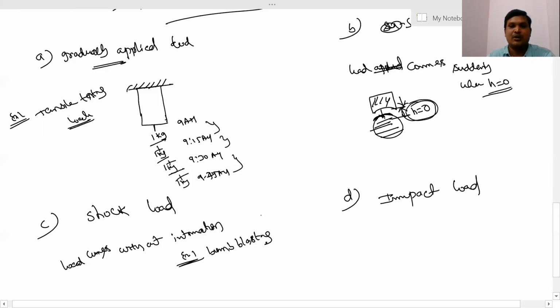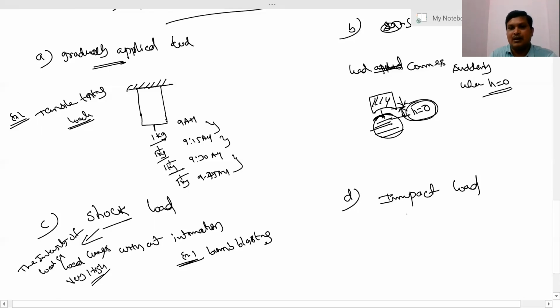That is called shock load. Shock load is nothing but load coming suddenly without intimation. In shock load, the intensity of the load is very high.